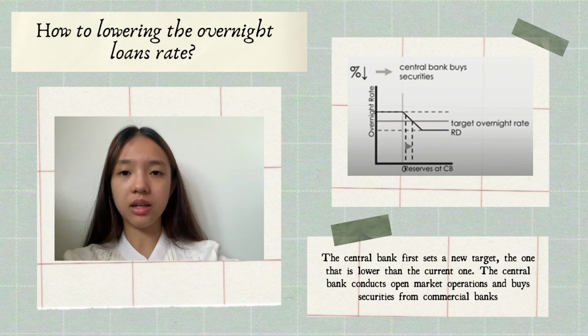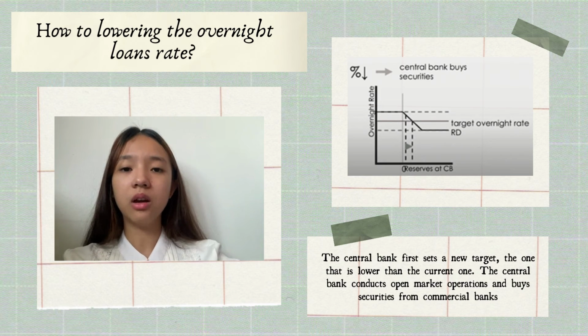This puts downward pressure on the overnight loan rate. When the overnight loan rate falls, the other interest rates and the foreign exchange rate fall, and then the supply of loanable funds increases, so does the quantity of money in the economy.